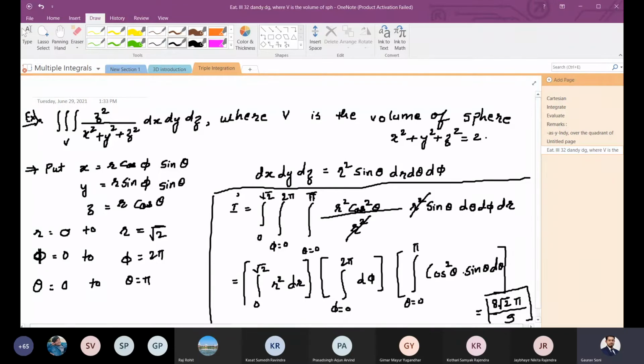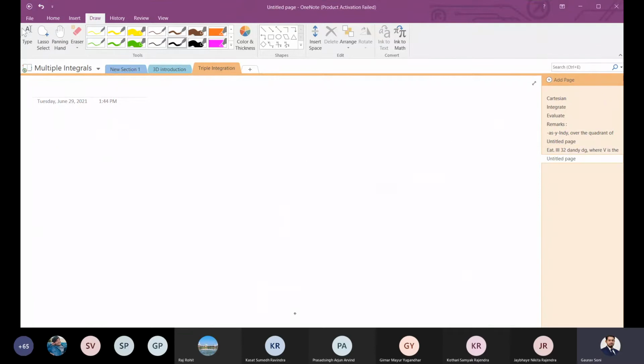Much more interesting is when you use the cylindrical coordinate system.